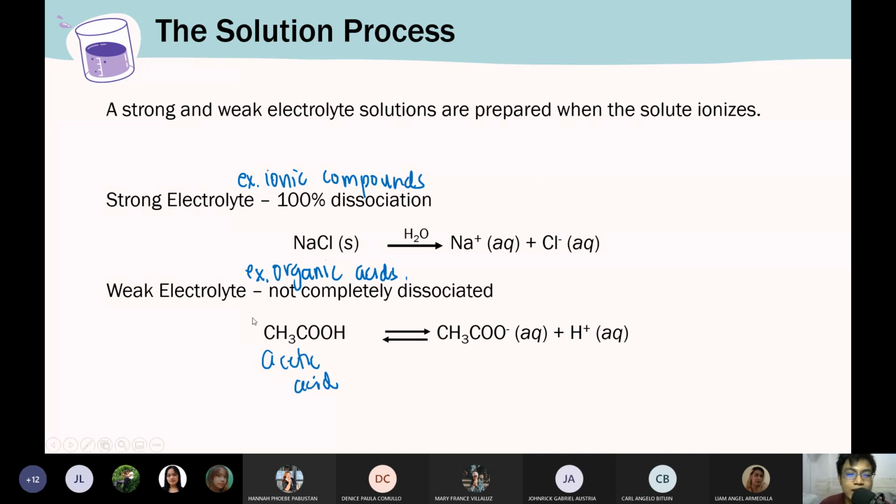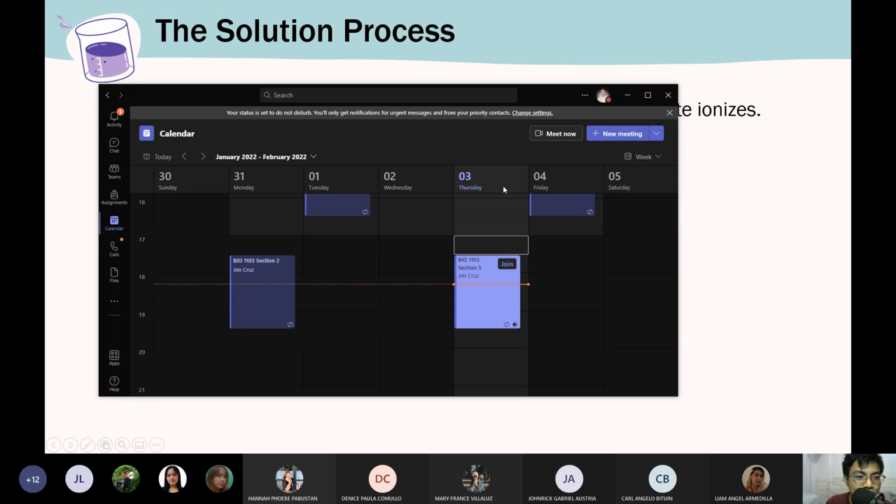It is considered weak electrolyte because it doesn't fully ionize. No? Kasi wala naman dyang metal. Wala namang non-metal. All of them are non-metals. Diba? So, yan. They will not fully dissociate. No? Okay? And the primary reason for them to dissociate is... ano yun?